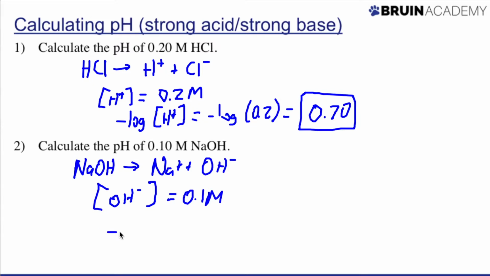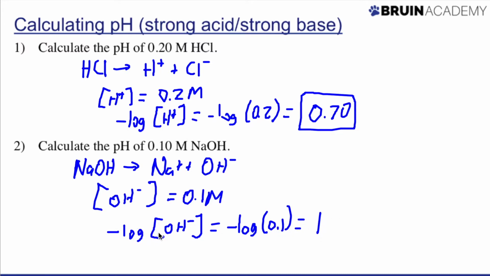So I take the minus log of OH-, which is equal to minus log of 0.1, and that actually gets me a value of 1. Now, because I took the minus log of OH-, this represents my pOH, so in order to get my pH, I take 14 minus 1, which gets me 13. And so here it's a base, very high pH, which is exactly what we'd expect.